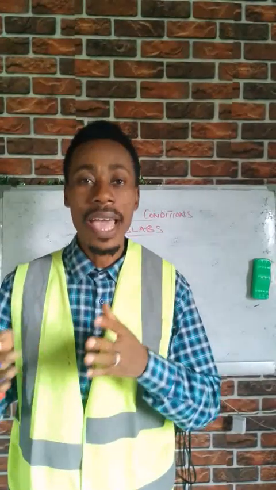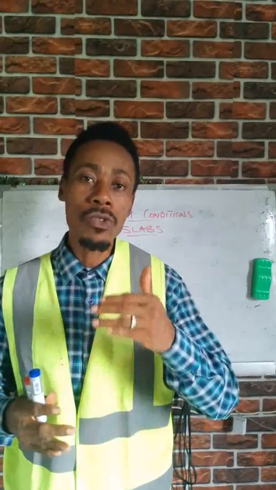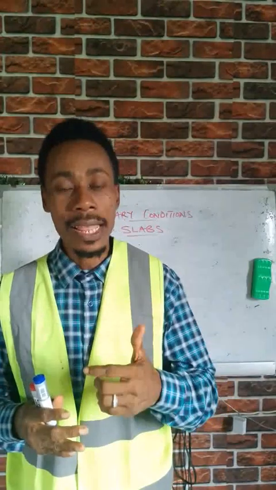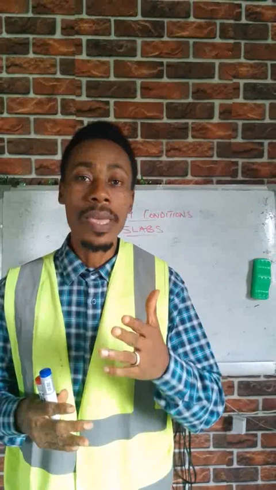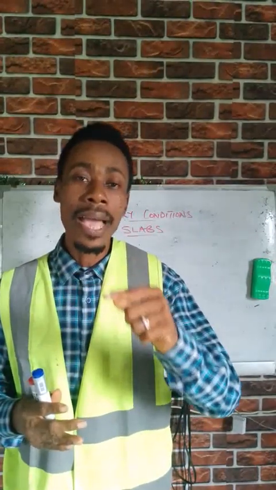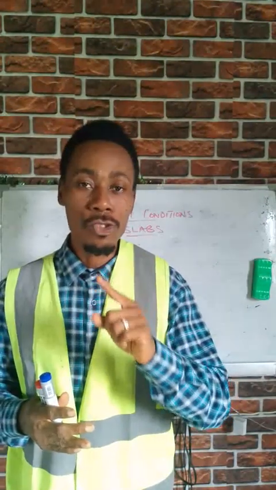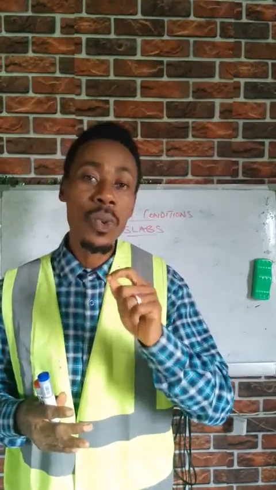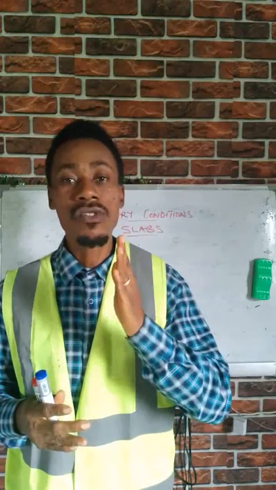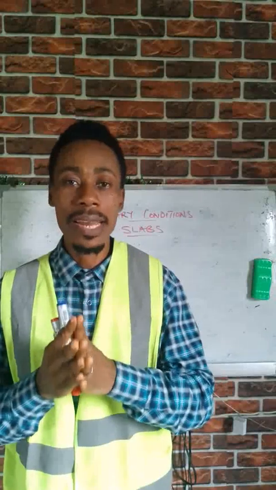You identify that by the Ly/Lx ratio. When you divide the length of that panel by the width of that panel, if what you have is less than 2, it means that it is a two-way spanning slab. But if it is 2 and above, it is a one-way spanning slab.